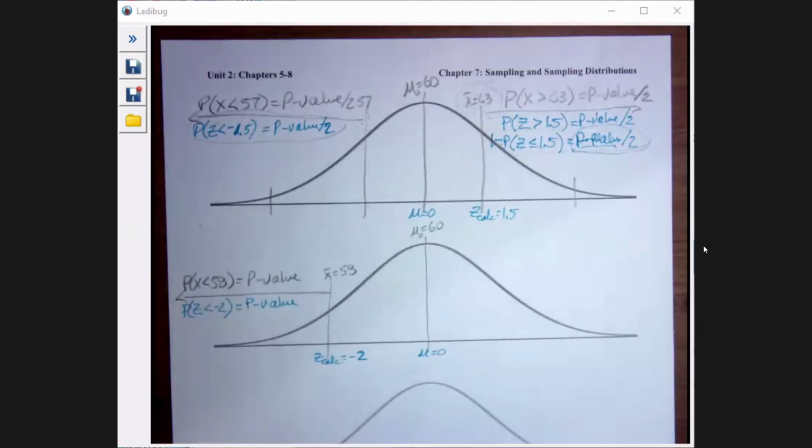Around 0.3. Nope. How much area is within 2 standard deviations of the mean?